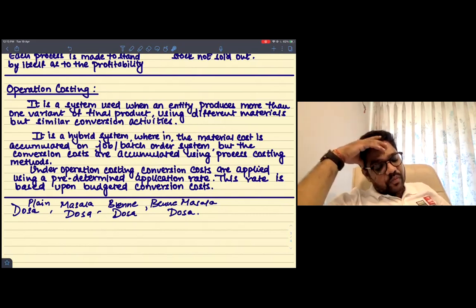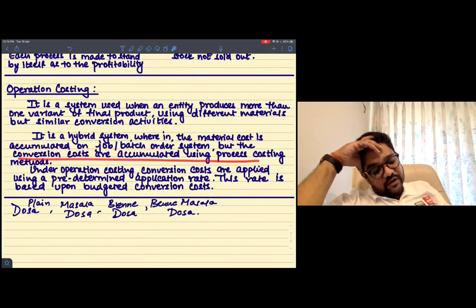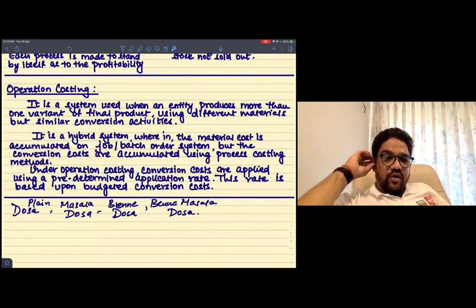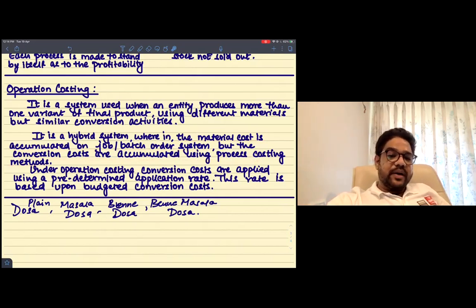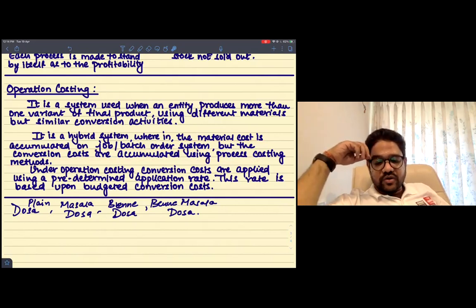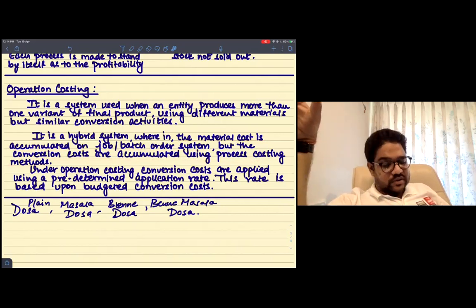It is a hybrid system wherein the material cost is accumulated on job and batch order, but the conversion costs are accumulated using process costing methods. Under operations costing, conversion costs are applied using predetermined rates. This rate is based upon the budgeted conversion cost. So that's all you need to know about operations costing.